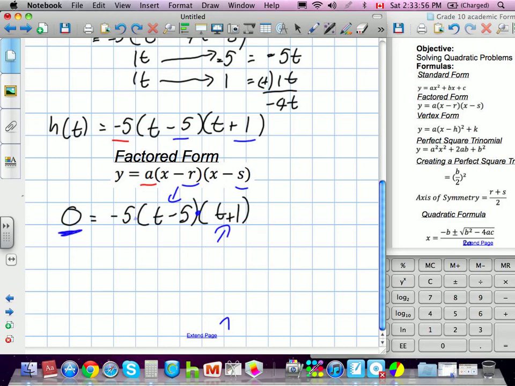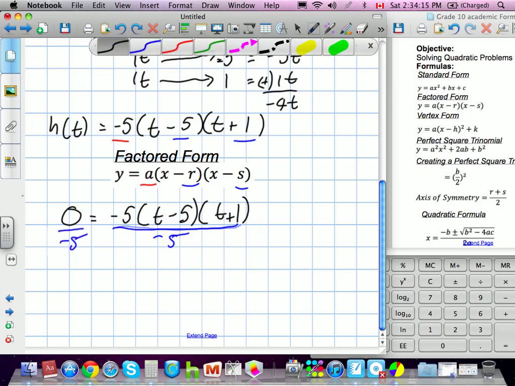If I divide both sides of the equation by negative 5, what's that going to create? On the left side, what number will I have? 0 divided by negative 5, do you know? 0. Yeah, that's right. But yeah, you're right. We'll end up with 0. So 0 is equal to negative 5, and negative 5 do what?